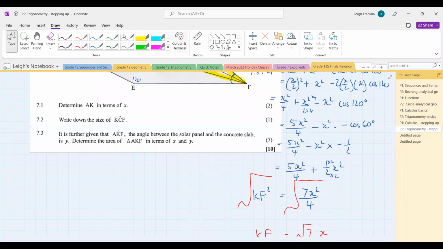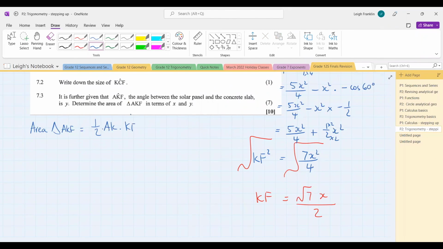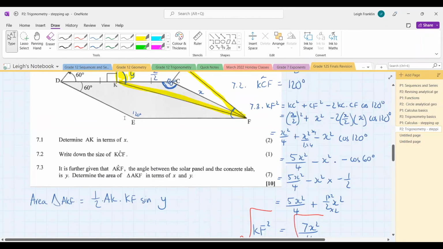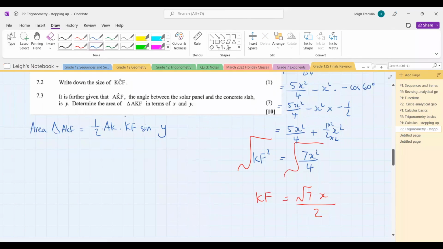Okay, so the area of triangle AKF is going to be half times AK times KF multiplied by the sine of the included angle, which in this case is Y. All right, so now I know that AK, I got that in the beginning in 7.1.